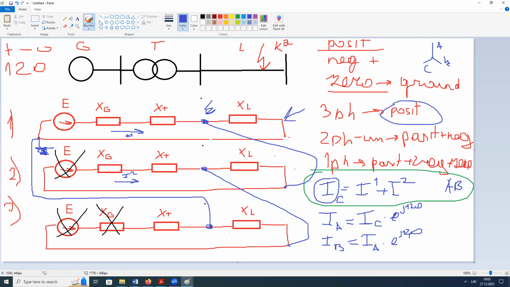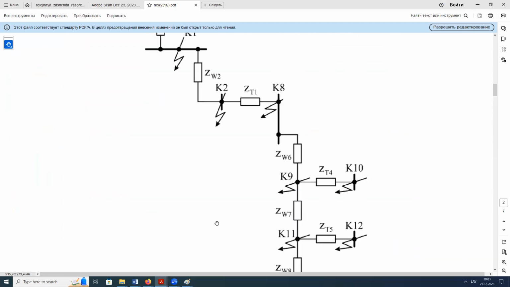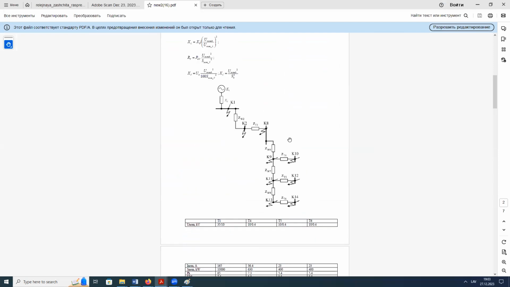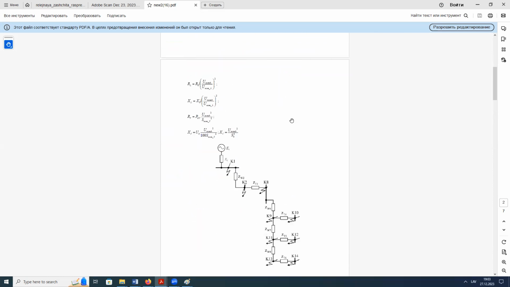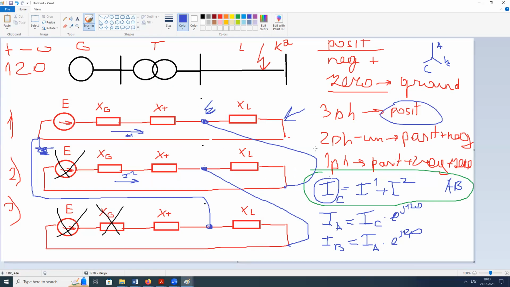If you watch this scheme, this is a positive sequence scheme, this network representation using the positive sequence. And we don't use negative and zero sequences, because the network is simple, it is radial, series, and we could just use a coefficient.